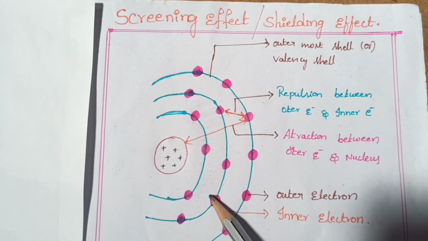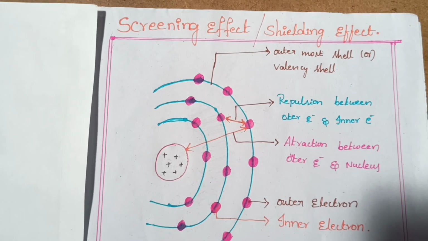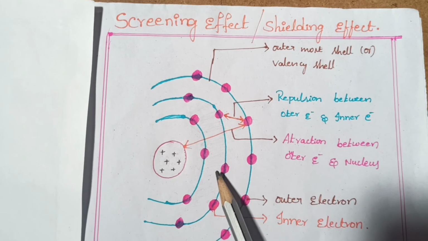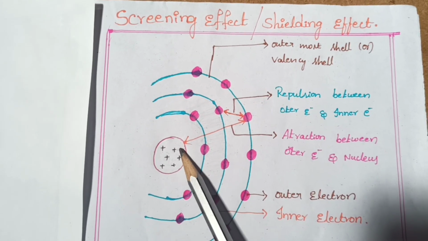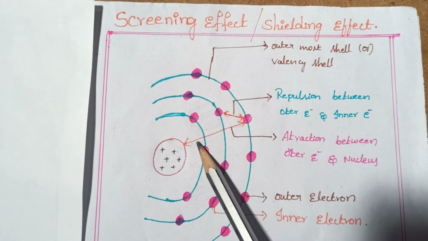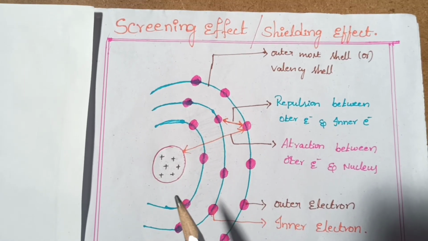Gradually we will feel very difficult watching the movie. So like that, inner shells are forming as a screen and reduce the attraction from the nucleus to the outermost electron, outermost orbit, right? So this is called the shielding effect.